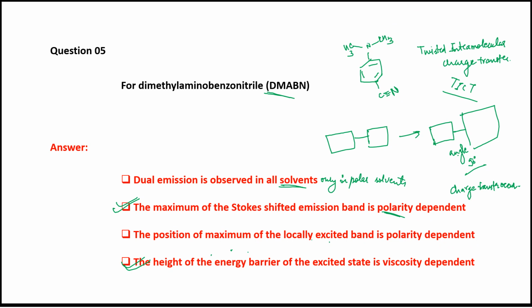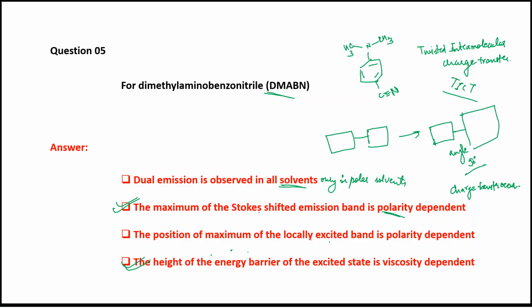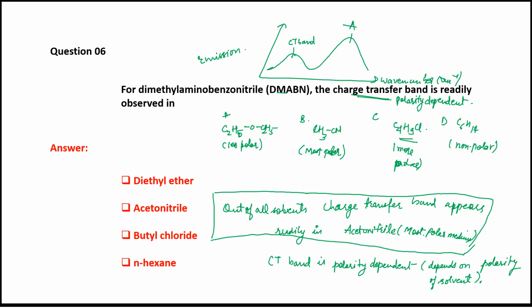Okay. Now, next was the diaminobenzonitrile. This is one of the examples which shows the TICT, that is the twisted intramolecular charge transfer. We also studied that in this case, as the polarity of the solvent increases, the twisted intramolecular charge transfer happens, which gives a Stokes shifted emission band, which is also polarity dependent and viscosity dependent.